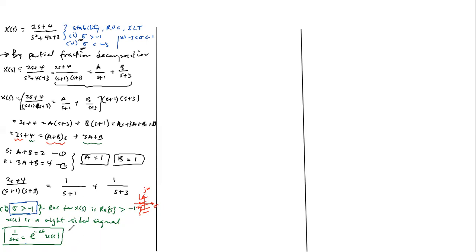So x of t is the same as e to the minus t, since a is 1, minus a t is minus 1 times t, u of t, plus e to the minus 3t when a is 3, u of t. So technically, I can compress this as (e to the minus t plus e to the minus 3t) u of t. That is the inverse Laplace transform.